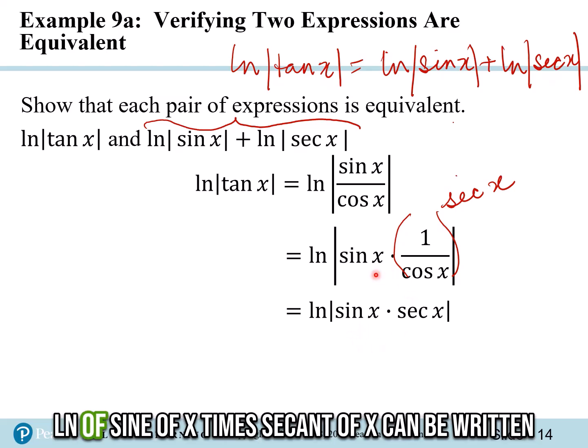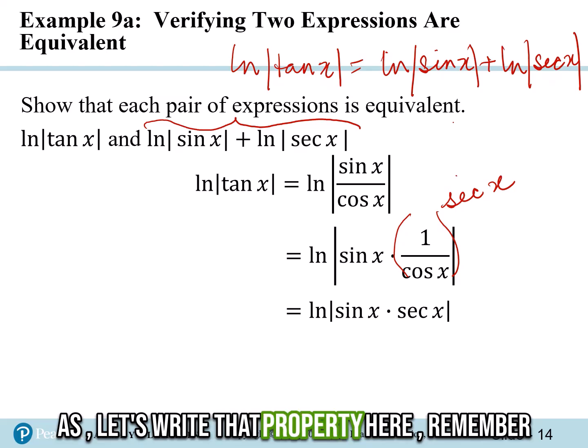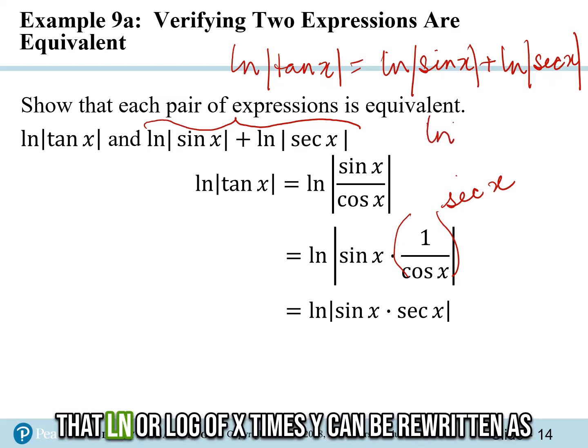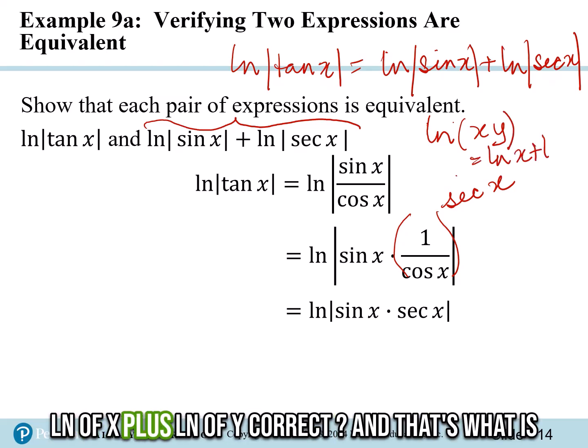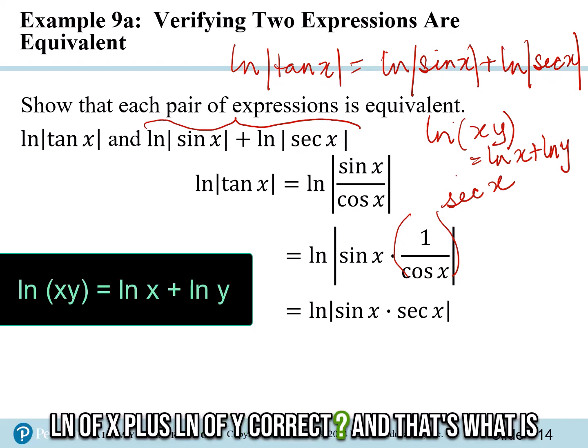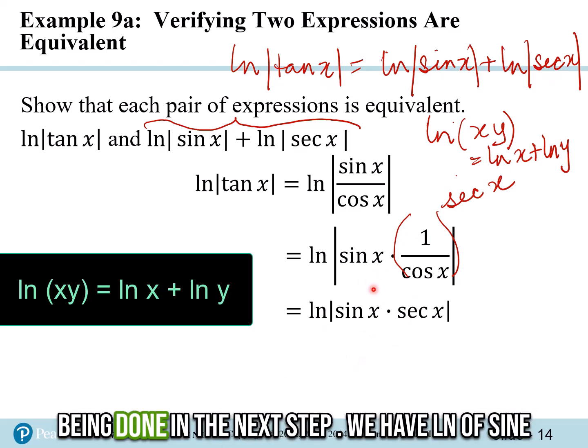So ln of sine of x times secant of x can be written as, let's write that property here. Remember that ln or log of x times y can be rewritten as ln of x plus ln of y, correct? And that's what is being done in the next step.